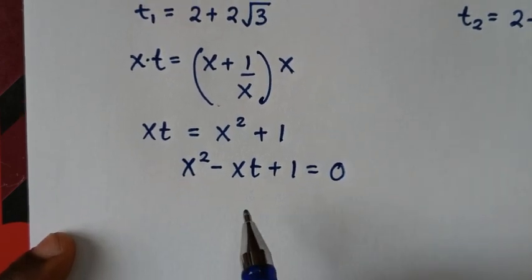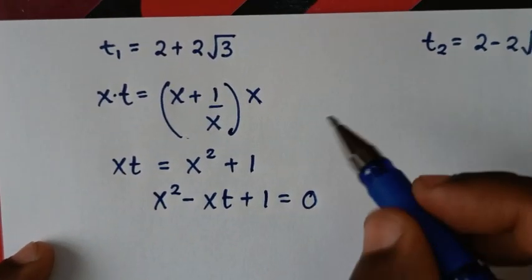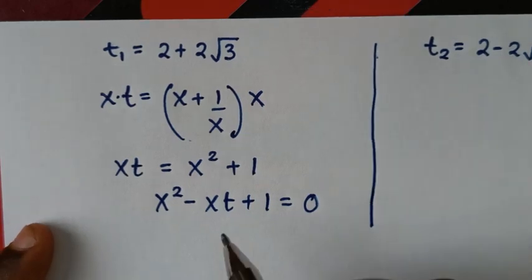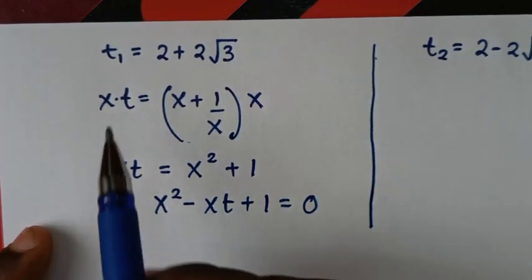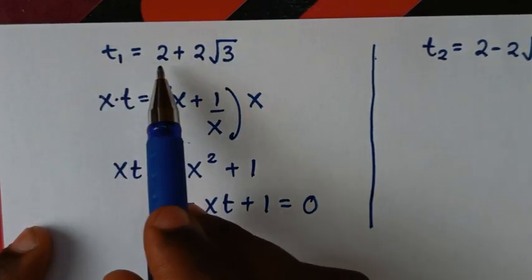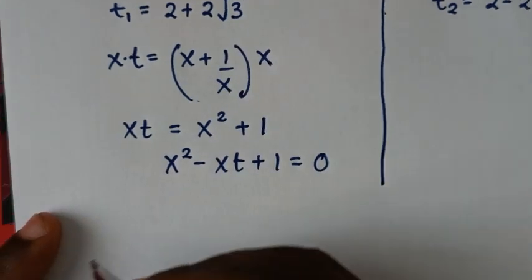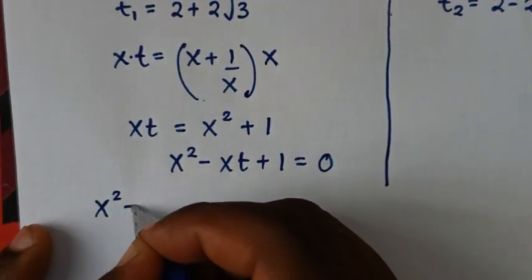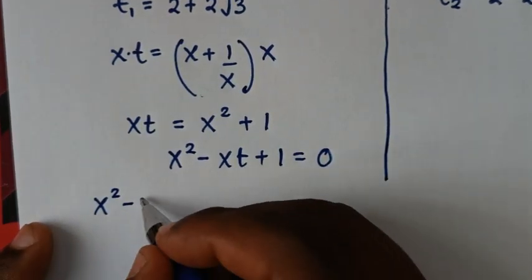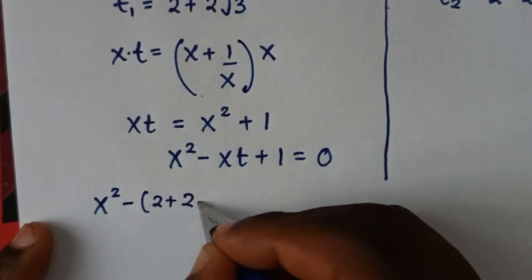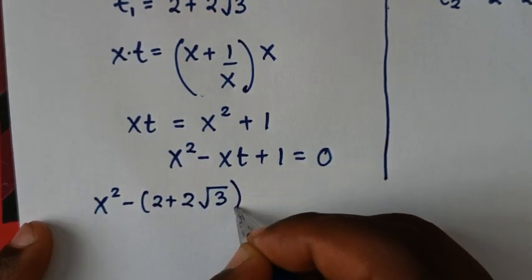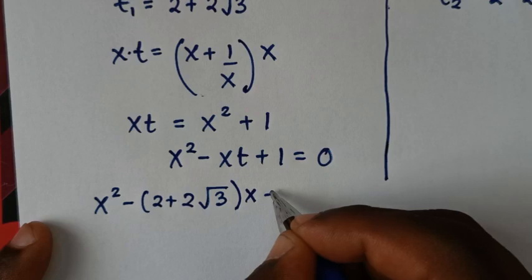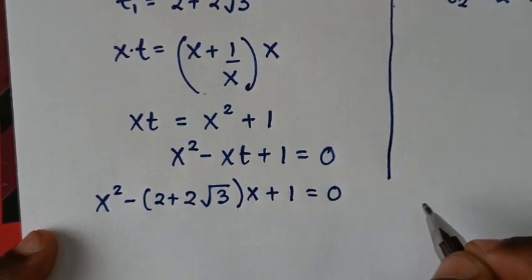Then we'll substitute the value of t1. Here we have two solutions. So we'll substitute the value of t1, which is 2 plus 2 square root of 3. So it will be x² minus t, which is (2 + 2√3), bracket, x plus 1 is equal to 0.